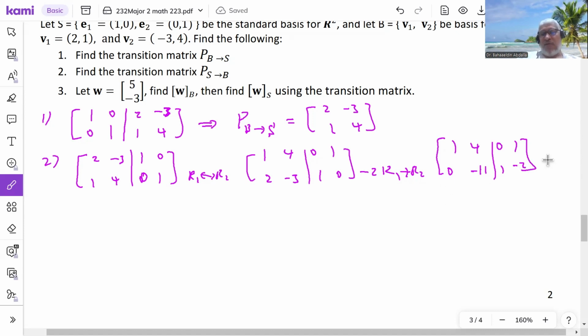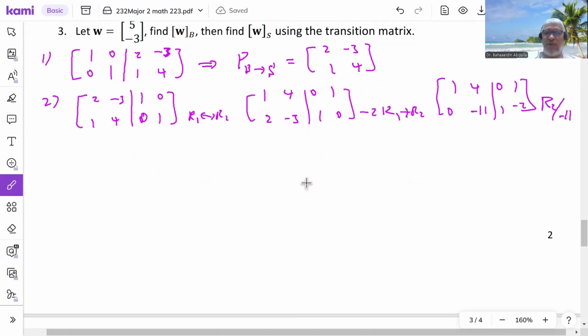And now negative 11, I need it to be 1, so I divide row 2 by negative 11. Two over 11.